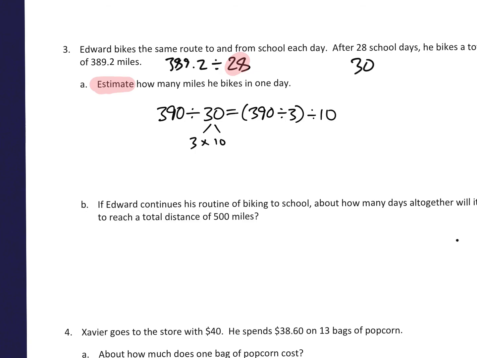And then I know that 39 divided by 3, if I pull that 0 off and I just do 39 divided by 3, that gives me 13. And then I got that 0 that I got to bring back, 130. Then I bring this part over, divided by 10. And then if I just cancel those zeros, that gives me 13 divided by 1, which is 13.